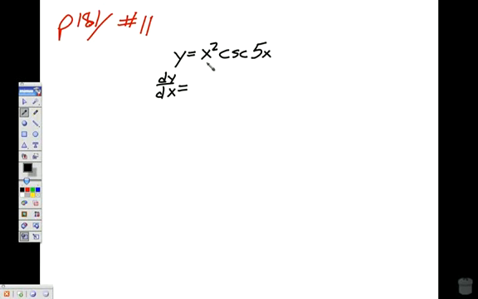Well, we've got an x squared times a cosecant of 5x. We've got multiplication. We should be doing the product rule. So the product rule is to take the first function times the derivative of the second plus the second function times the derivative of the first.